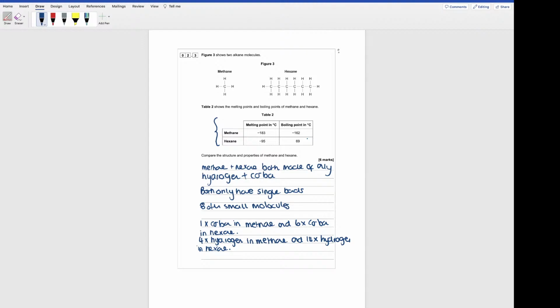They're both flammable as well, actually. But what's different about them is that methane has a lower melting and boiling point than hexane. So let's write that up. Both flammable, have low melting and boiling points.